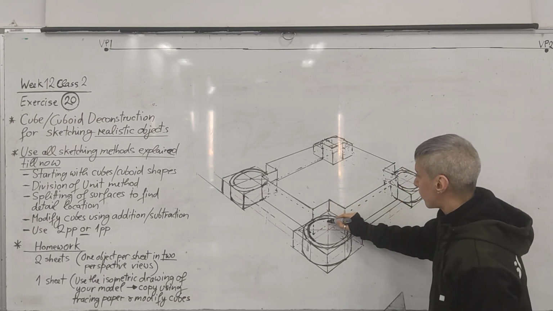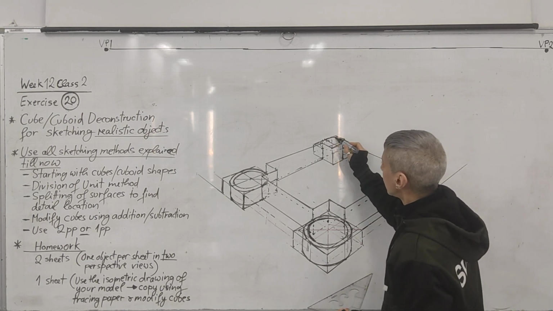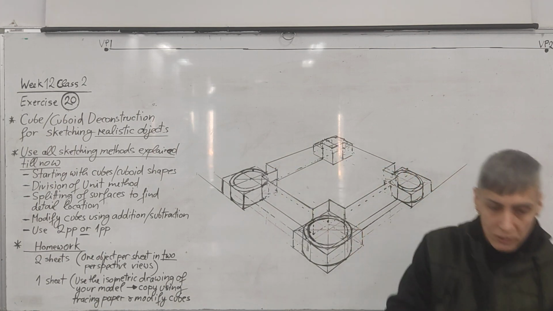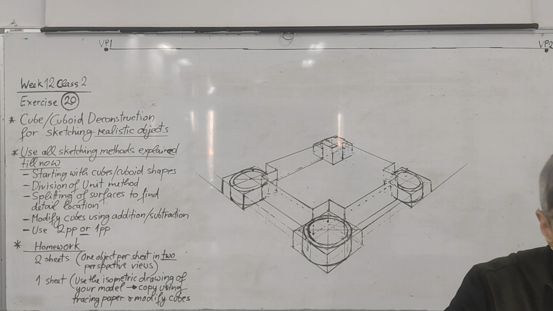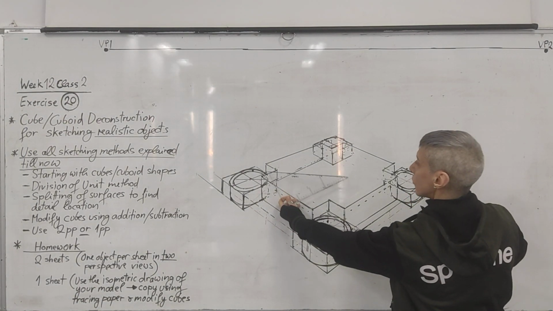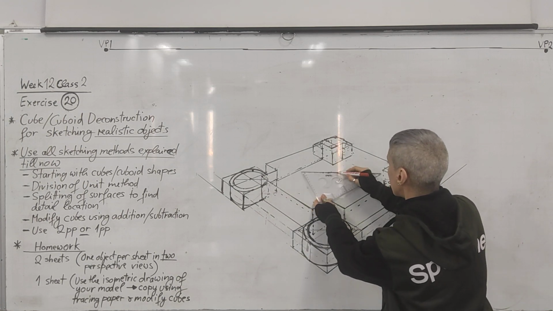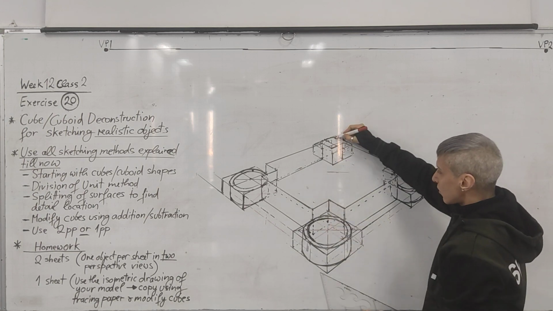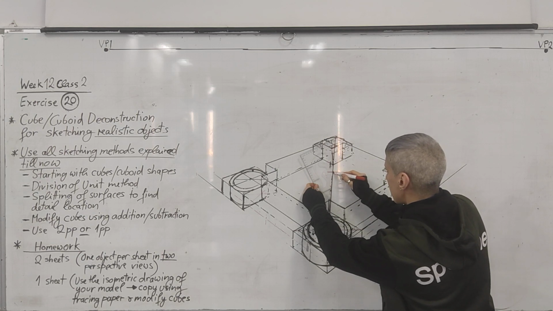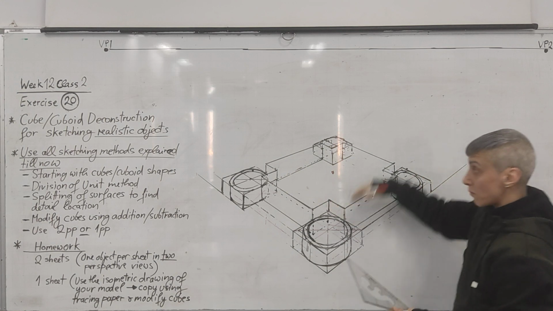So this point here, this point here, this here, and this continue here. So we will draw diagonals. From this point to this point, here, the diagonal, and then from this point to this point. So here is the center. The center of what? Of this surface here, the upper surface, okay?